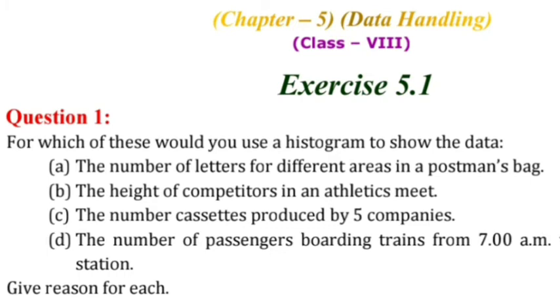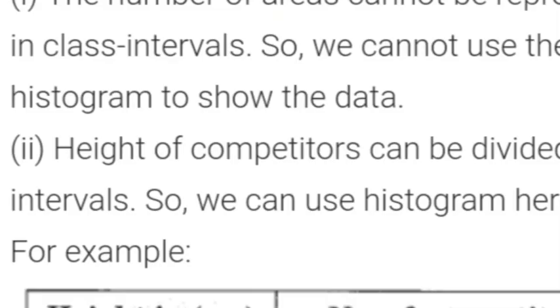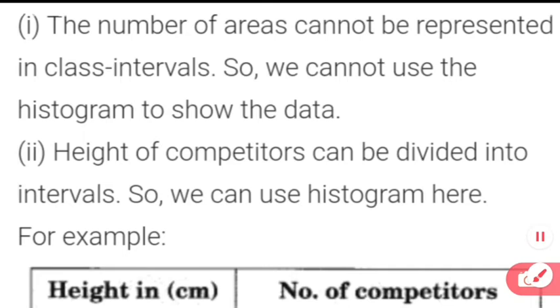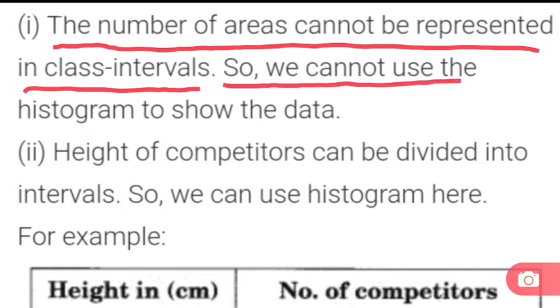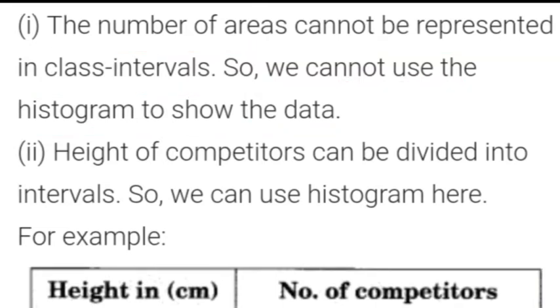So the first case is the number of letters for the different areas in the postman's bag. Now if you check, the areas cannot be represented in the form of class intervals. So we cannot use the histogram to show the data. It means we can't represent the histogram.